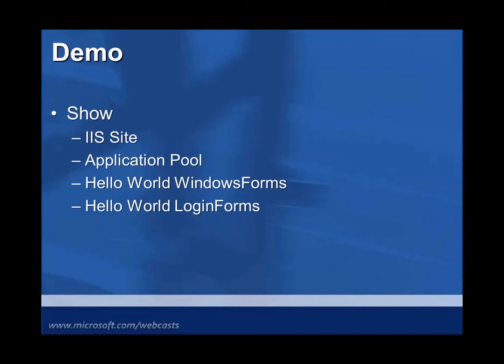Now I'm going to flip over to my virtual machine and show you what I have set up with IIS, the application pool, and a couple programs to show you how easy it is to actually connect with Windows Forms and login forms.